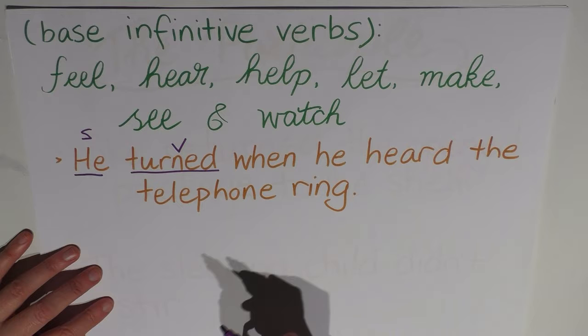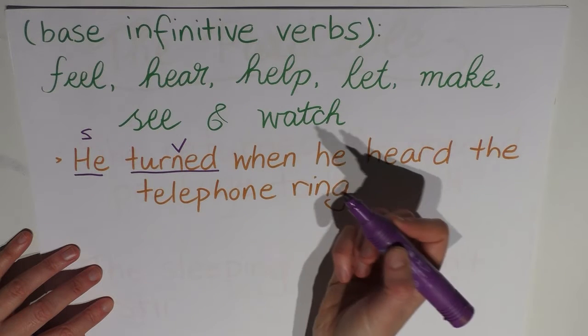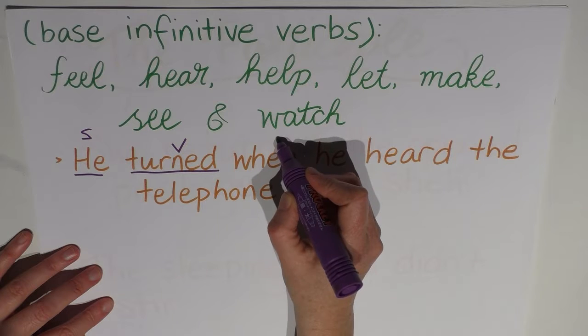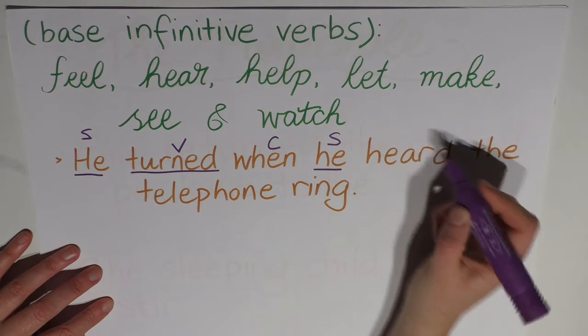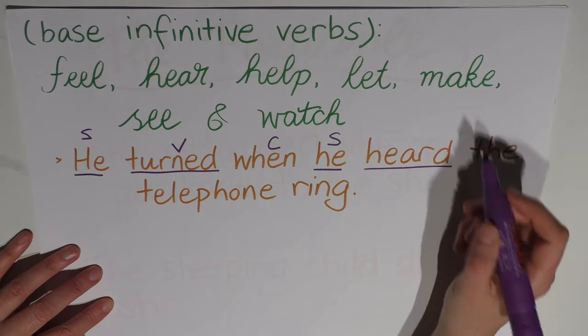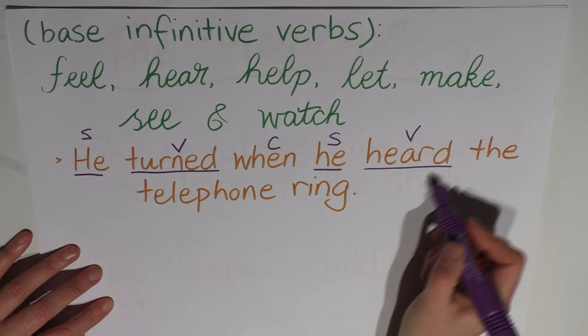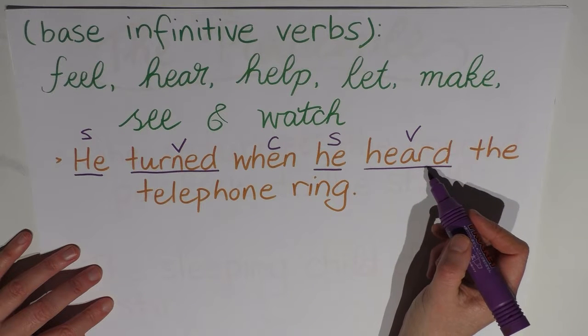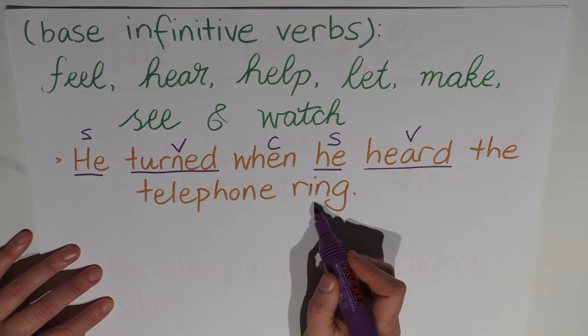And this is actually a complex sentence because we have our conjunction here, when, and we have the new subject here as a pronoun, and heard, the past tense of another verb here, to hear, and of course this verb hear or heard takes the base infinitive, which in this instance is ring.